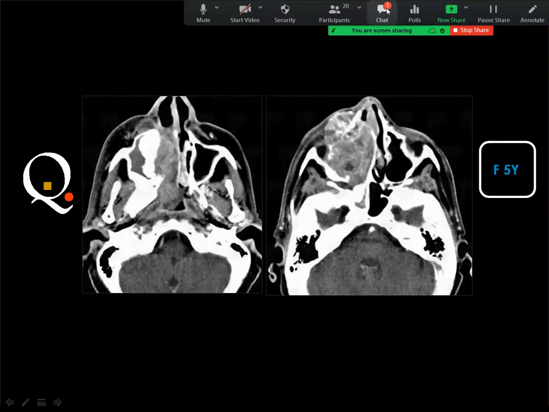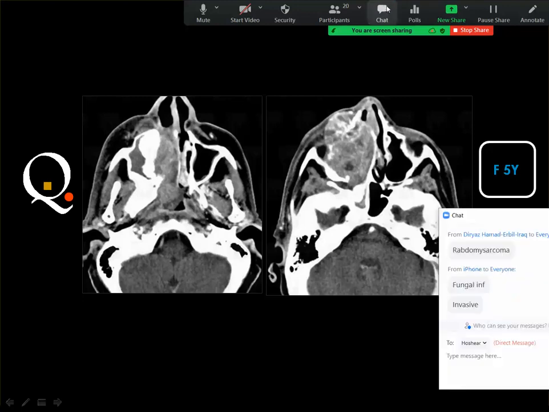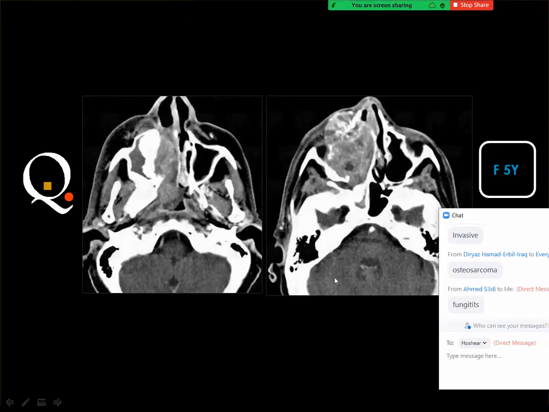What do you think? Osteosarcoma, fungal sinusitis. Actually, this is not fungus because of the aggressiveness of the mass and the heterogeneous enhancement with the destruction of the surrounding bones.